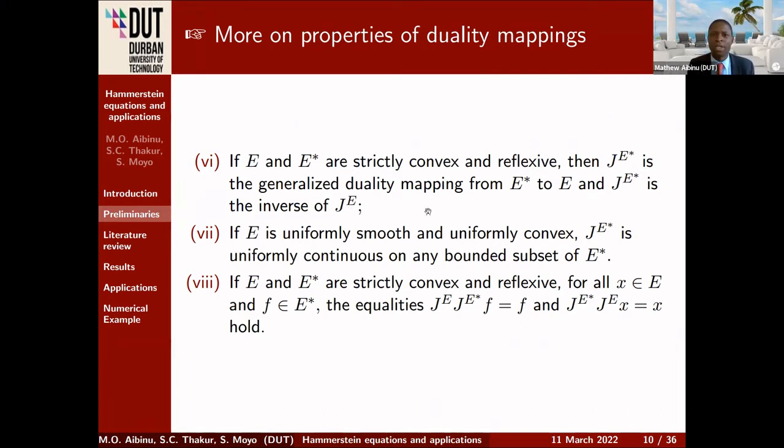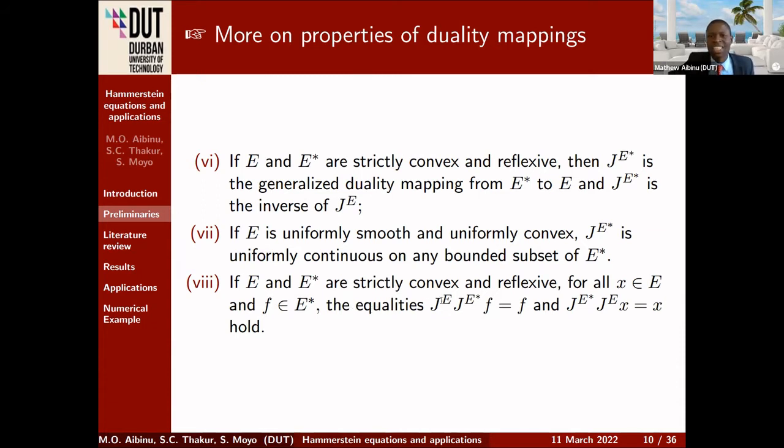If E is uniformly smooth and uniformly convex, J_E star is uniformly continuous on any bounded subset of E star. And lastly, if E and E star are strictly convex and reflexive, then for all x in E and for all f in E star, this equality holds.